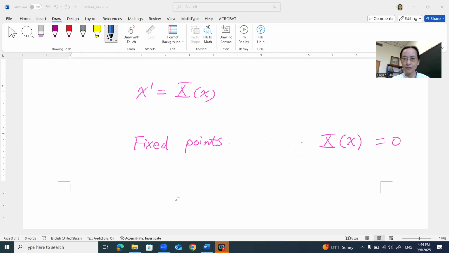You set the vector field to 0, then you solve for x. If you can find all the constant vectors x, then you have found all the fixed points of the given system.